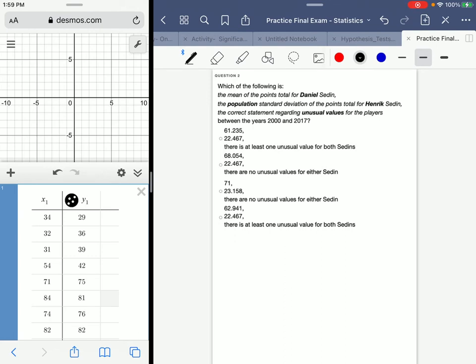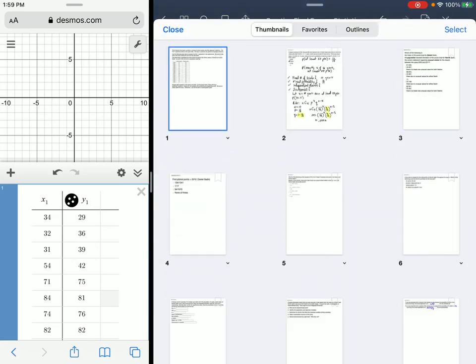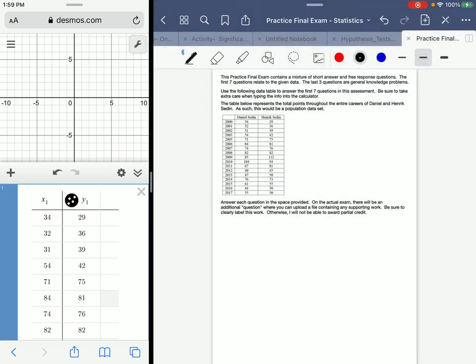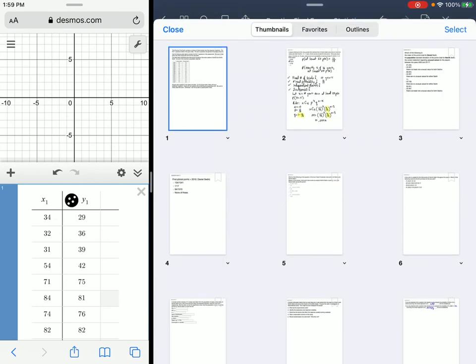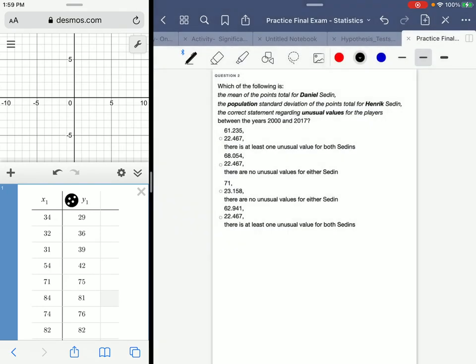First thing I would want to do is refresh my memory on which data set is Daniel and which one is Henrik. Daniel is X1, Henrik is Y1. I'm going to make a little note of that. Apologies for that.